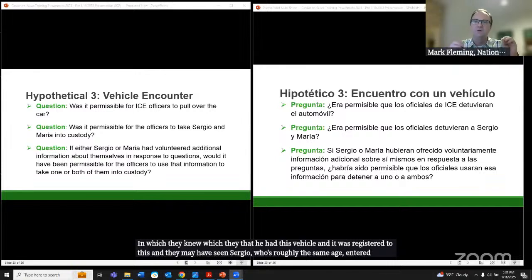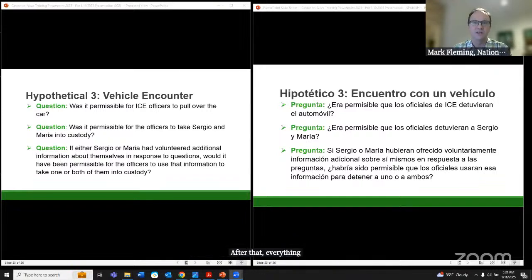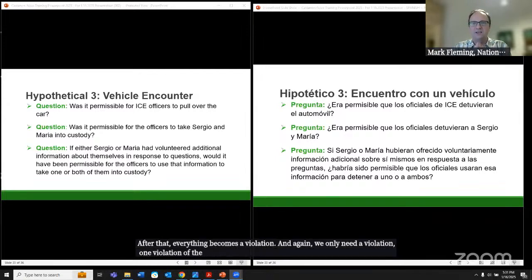It's possible they had reasonable suspicion to pull it over. After that, everything becomes a violation. And again, we only need one violation of the policy in order to seek enforcement.